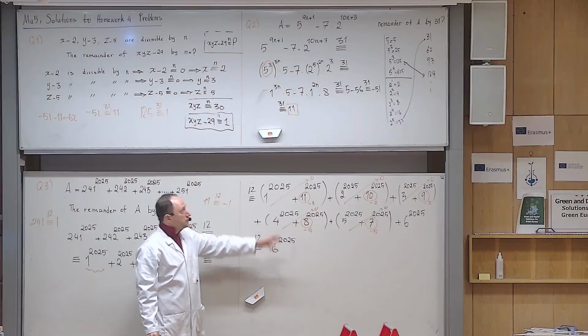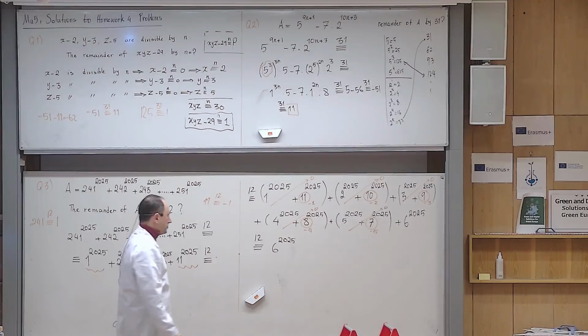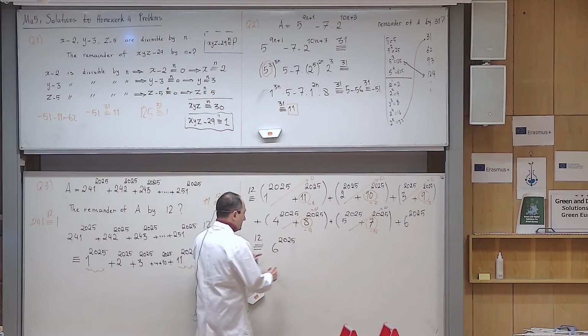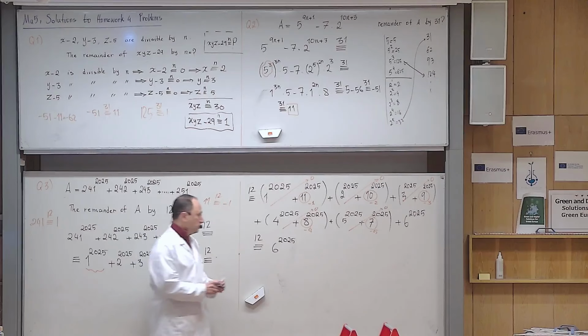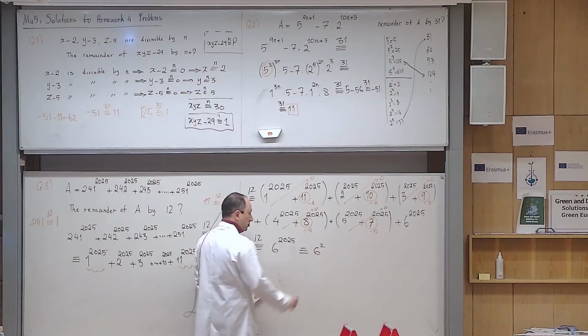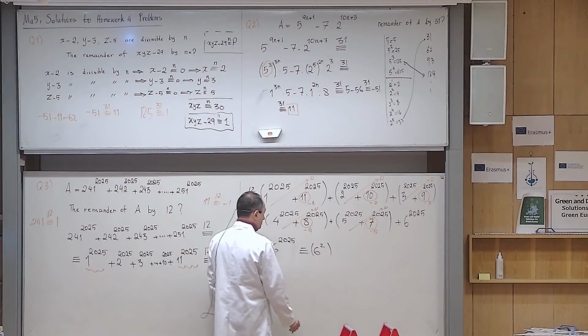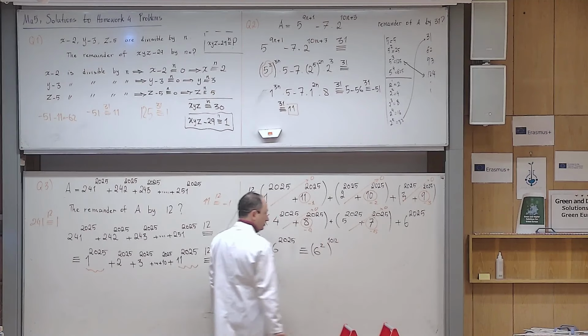Okay? So then in principle, the previous method should work. But that's also very simple, isn't it? Because 6 to power 2 is 36, and 36 is divisible by 12. Yes? So it means that I can break it as 6 to power 2, and then to the power of what? 1012.